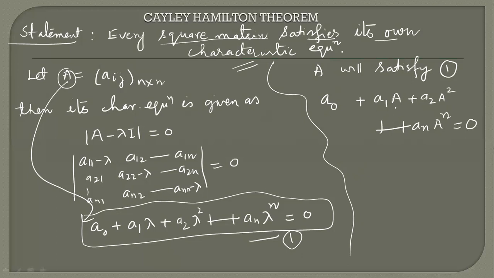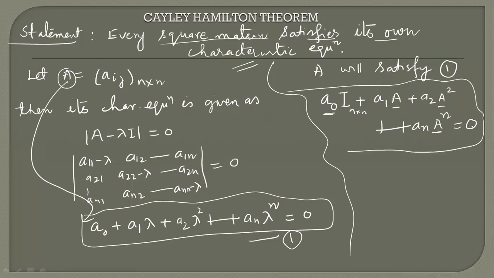Now see, this is a matrix, this is again a matrix, but this is a constant value, so we cannot add any constant with the matrix, so we will make this constant a scalar matrix. For making it a scalar matrix, we will multiply with the identity matrix of the same order as A has. So A has order n cross n, it means the identity matrix is also of order n cross n. So this is the statement of Cayley-Hamilton theorem.